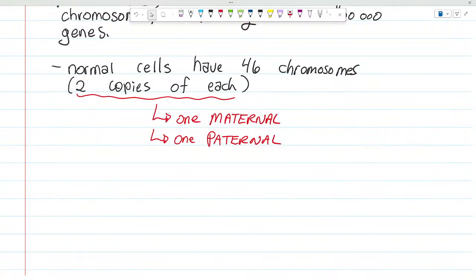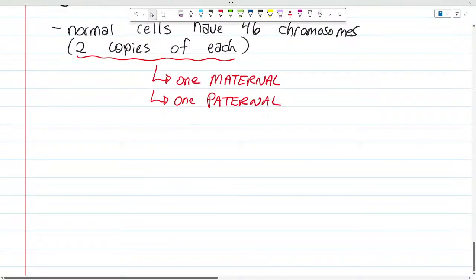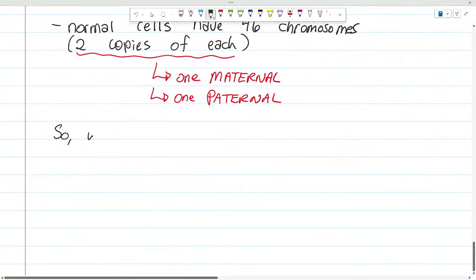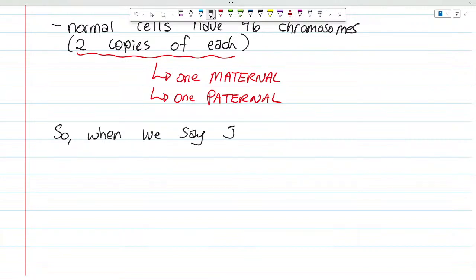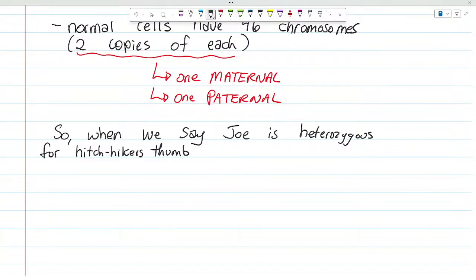So this is the physical basis for Mendel's model, right? The last thing I'm going to write, I promise. So when we say Joe is heterozygous for, what did we do yesterday? Hitchhiker's thumb? For a hitchhiker's thumb, yeah, that's true.